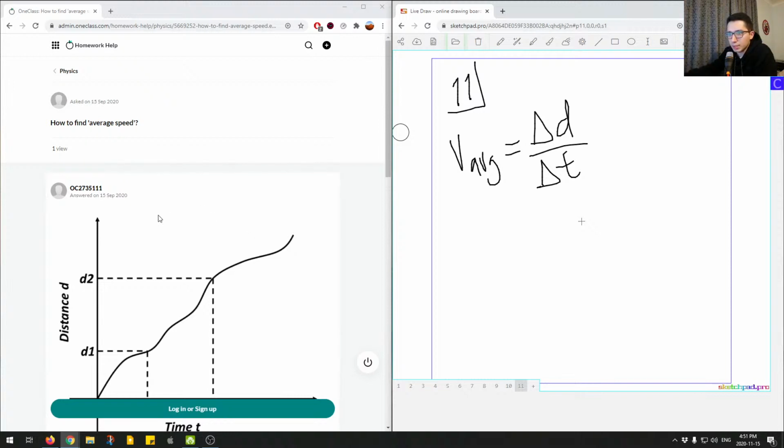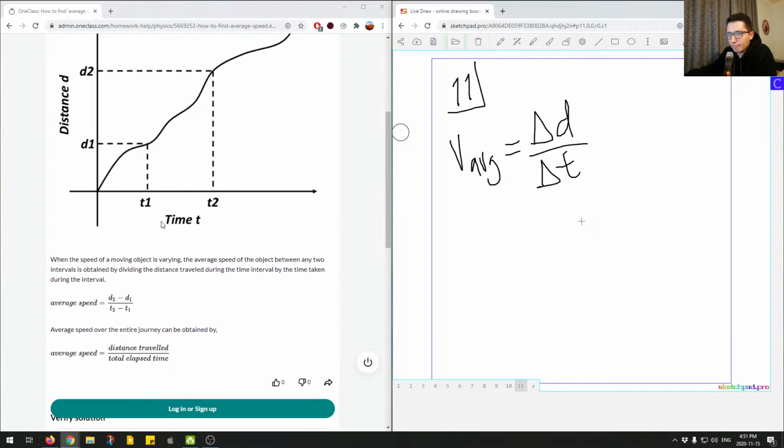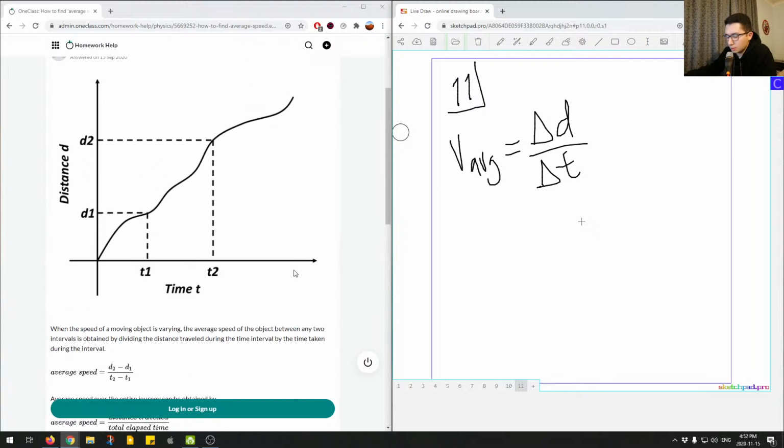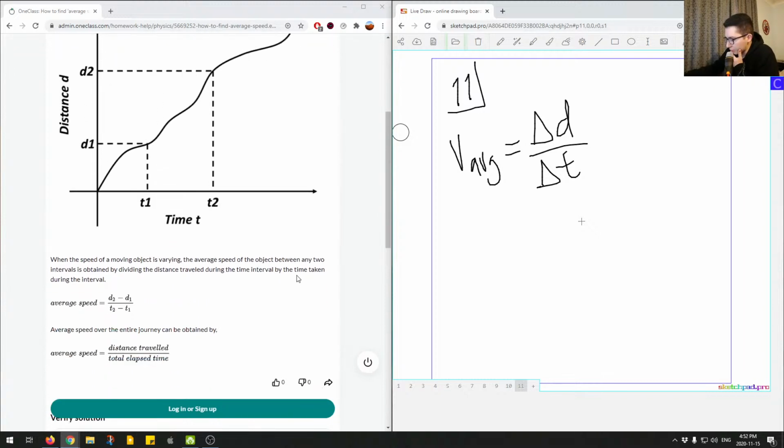Actually, let me rephrase that. It's the distance traveled, so we do care about the path here. Let me think about the situation where we don't.